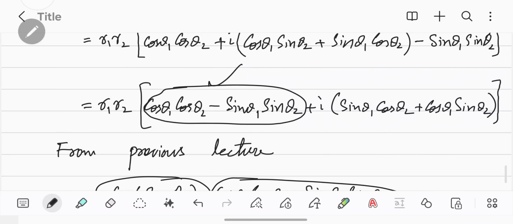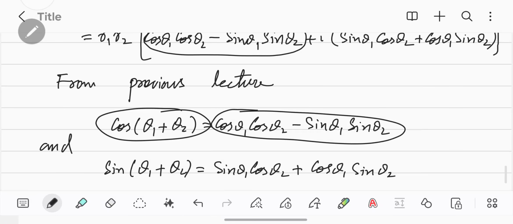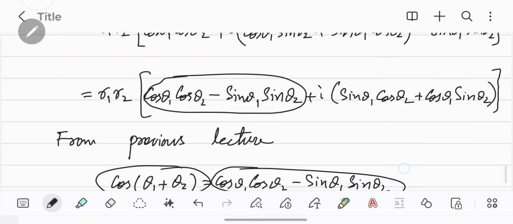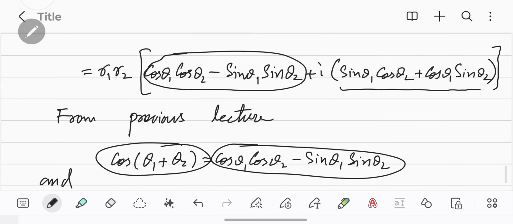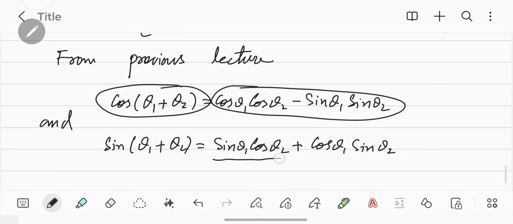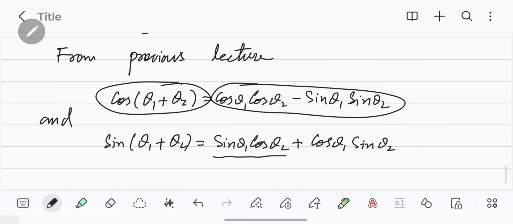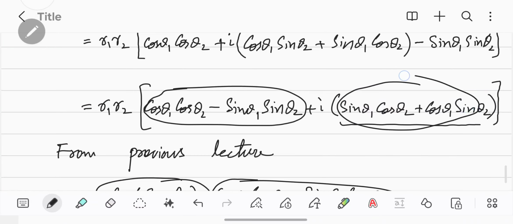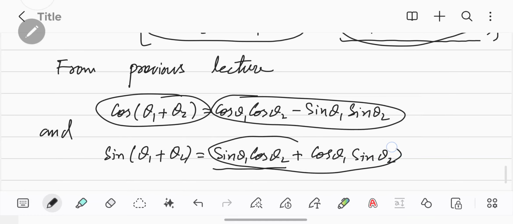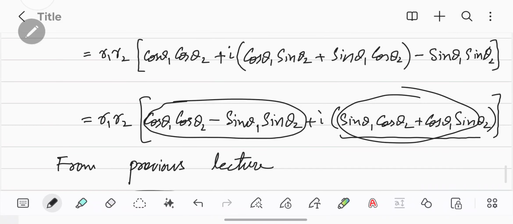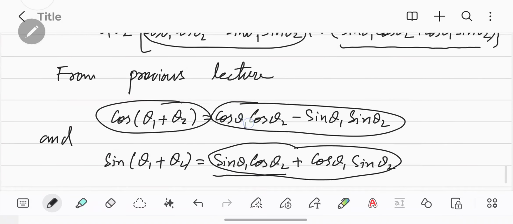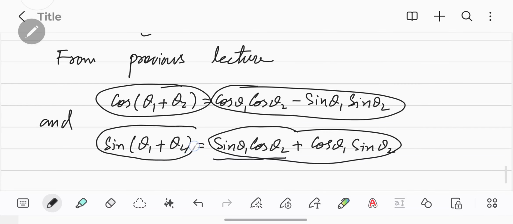And this term, sine theta 1 cos theta 2 plus cos theta 1 sine theta 2, is the same as this term, so here I can replace this value.